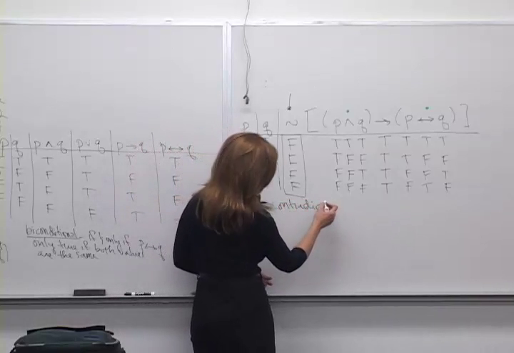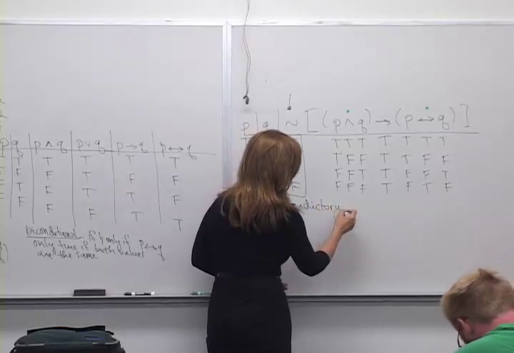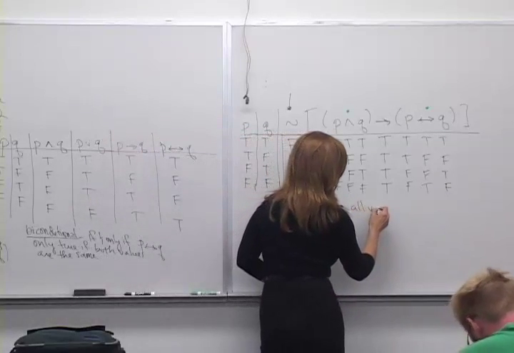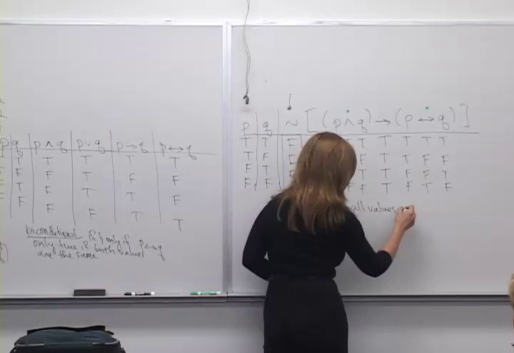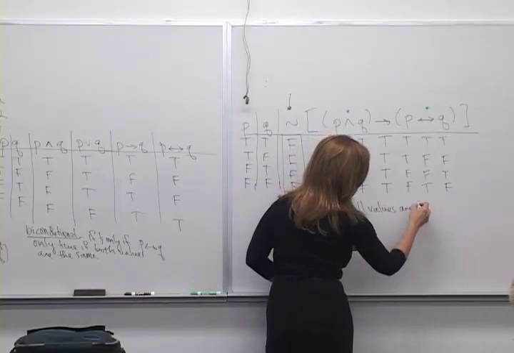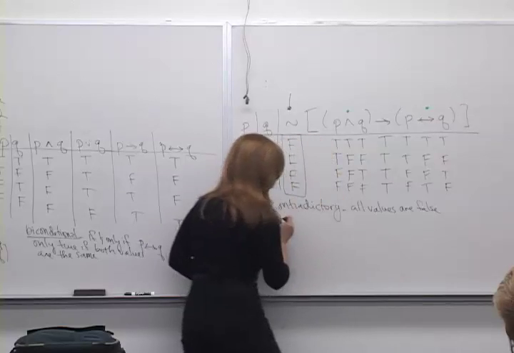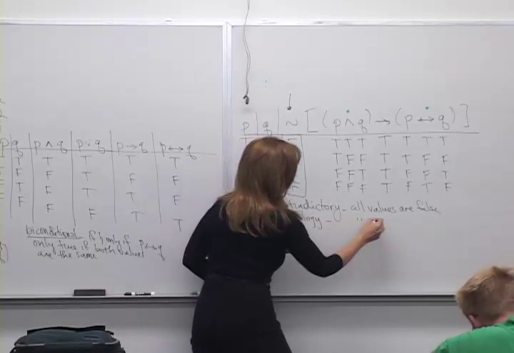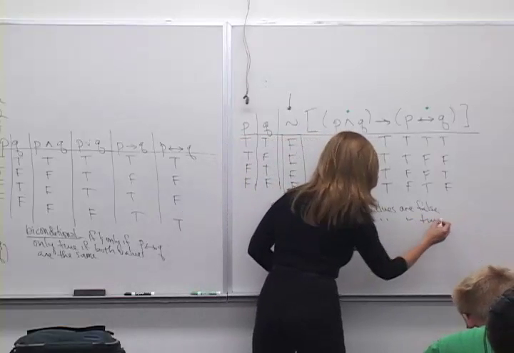A contradiction or a contradictory is when all the values are false. A tautology is when all the values are true.